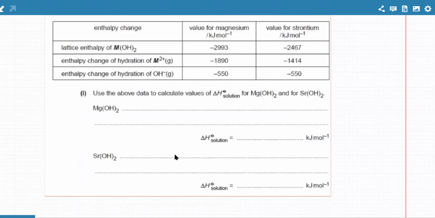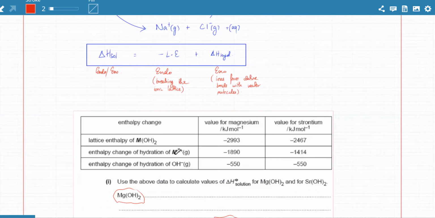So he's saying find the enthalpy change of solution. So you would get a question like this. You're supposed to find the enthalpy change of solution of a substance. In this case, he's talking about the enthalpy change of solution of Mg(OH)2. Now, for this, remember, it's important that you draw the thermocycle. Although the formula is in front of you and you can apply it directly, which is the negative of lattice energy plus enthalpy of hydration, the only problem is you have to be careful about the moles of substances.